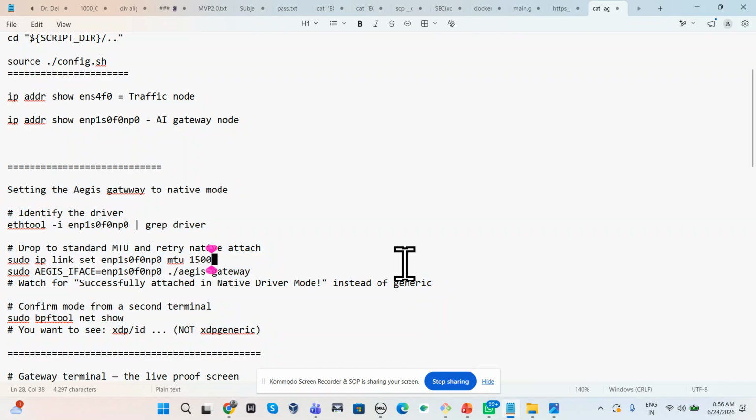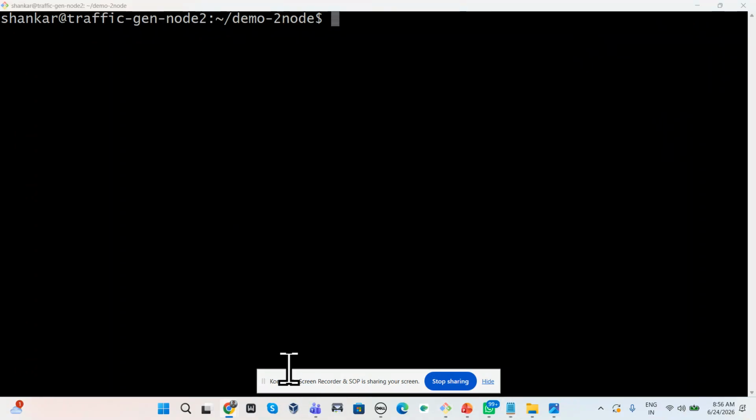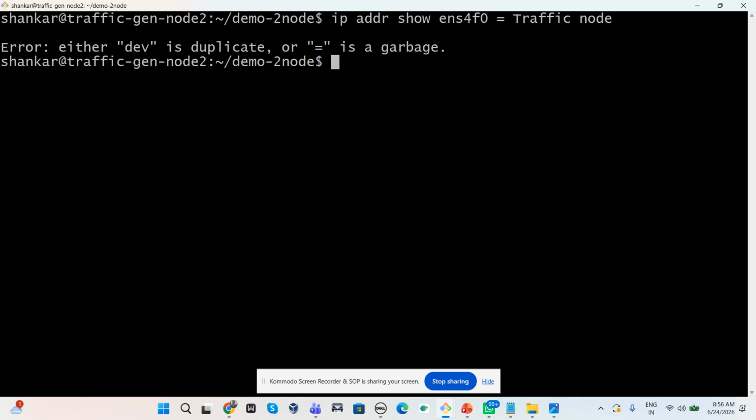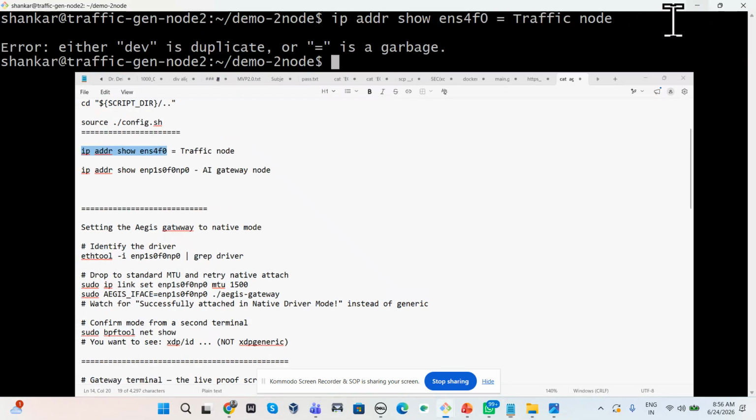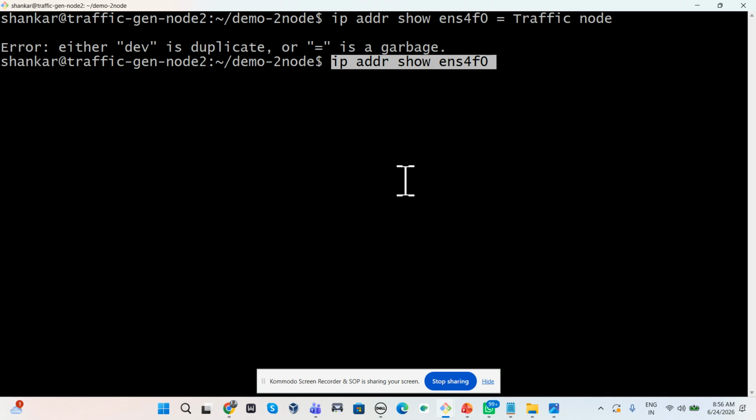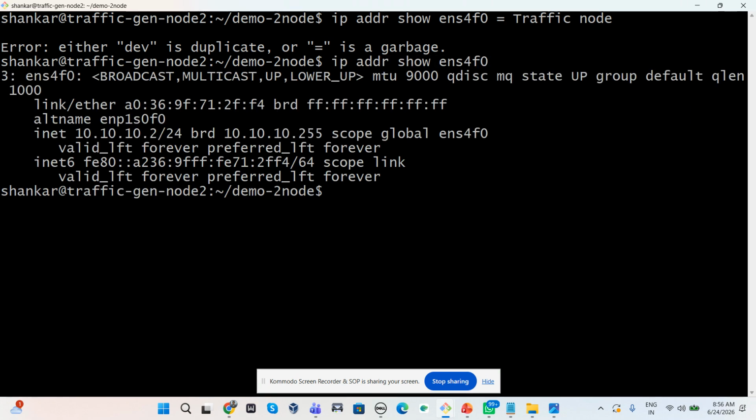Meanwhile, we'll run the second node, the traffic generator node. The traffic generator node is running on IP 10.10.10.2. We'll run the telemetry here.